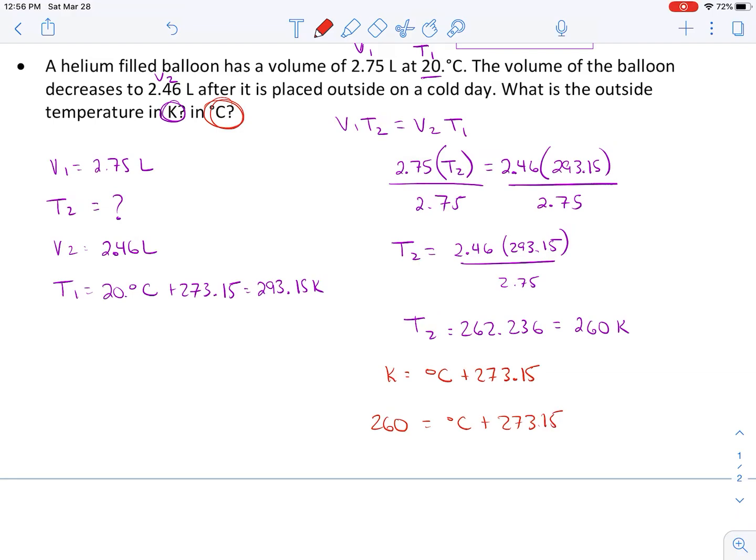So on each side, we're going to isolate that degrees C. We're going to subtract 273.15 from each side. And our answer, degrees C, again with 2 sig figs, is going to be 11 degrees C.